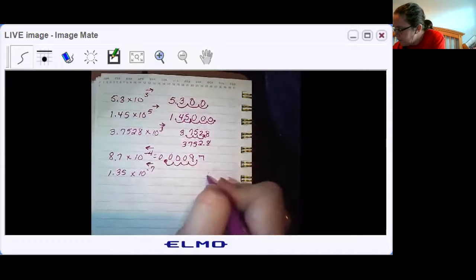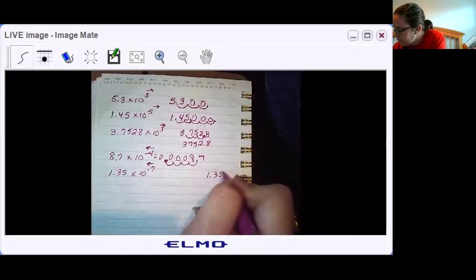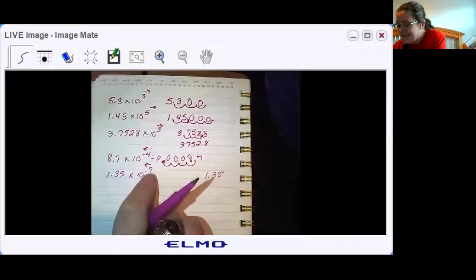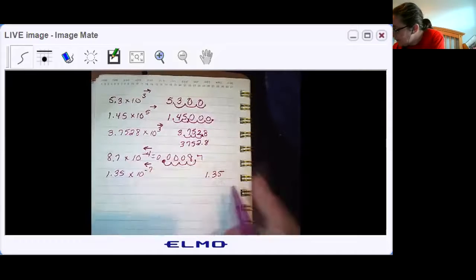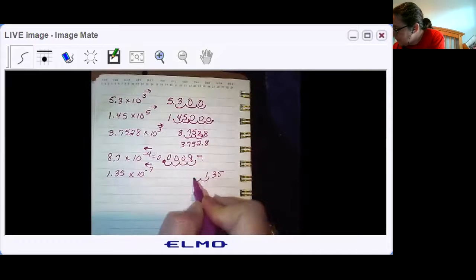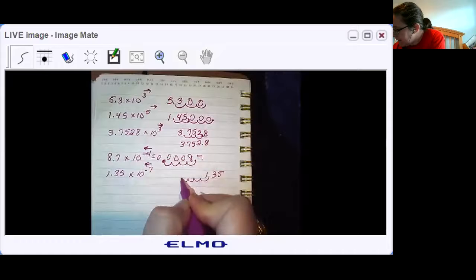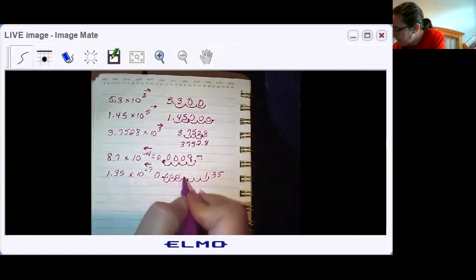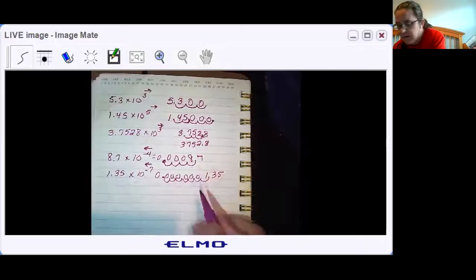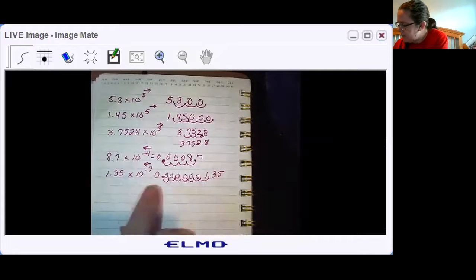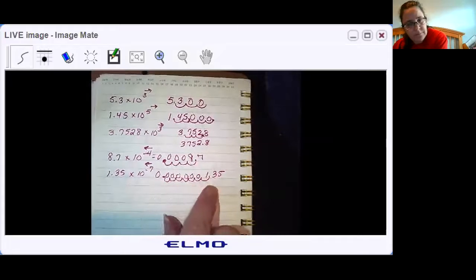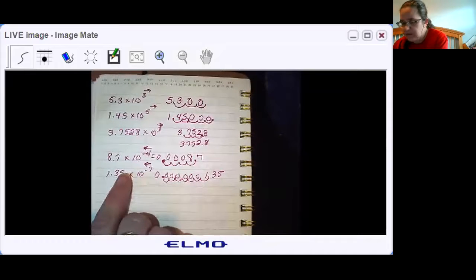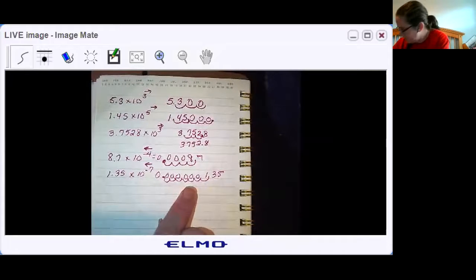So I start out with 1.35, and I have to move it 7 times to the left. 1, 2, 3, 4, 5, 6, 7. It feels awkward moving to the left, but there we go. We filled each of our loops in with a 0. So we go from our scientific to our standard notation.